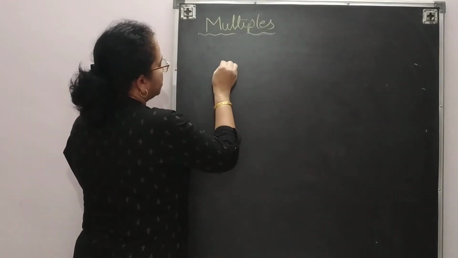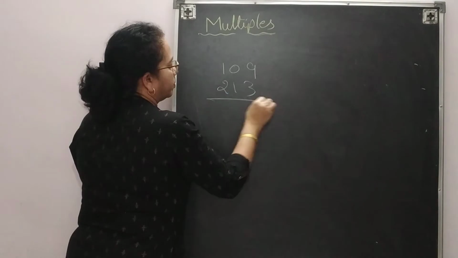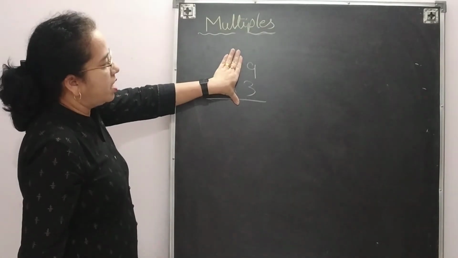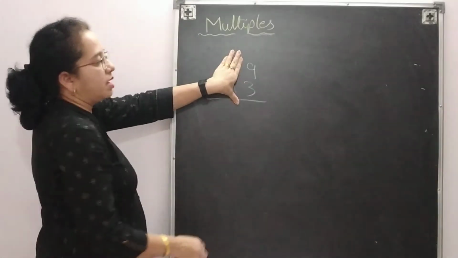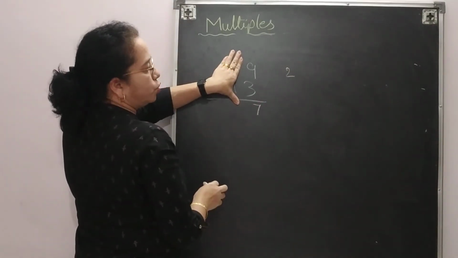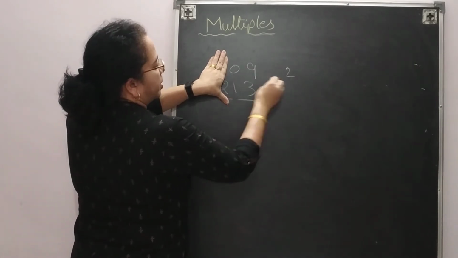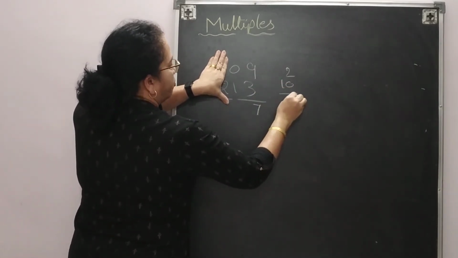Now the number is 109 and 230. So first thing, open your unit place digit number. 9 3s are 27. So your carryover is 2. Open one more. So do the cross multiplication. So this is 10. It will give you 12.